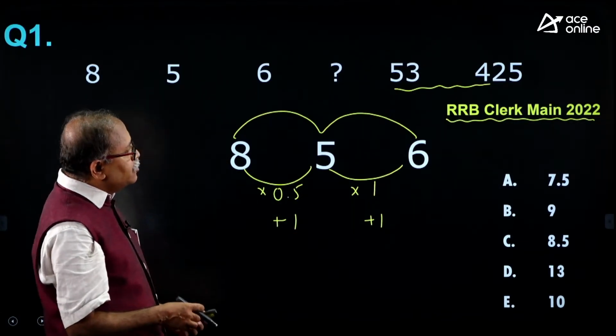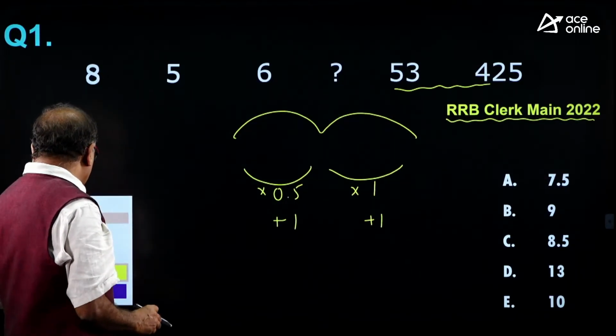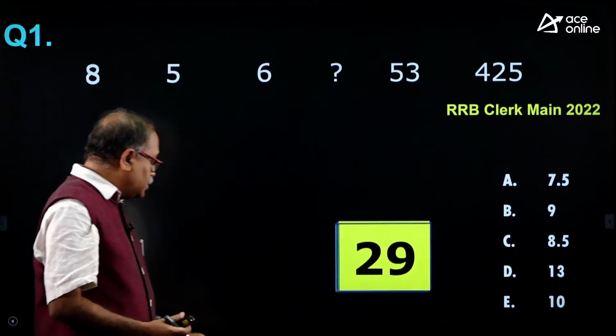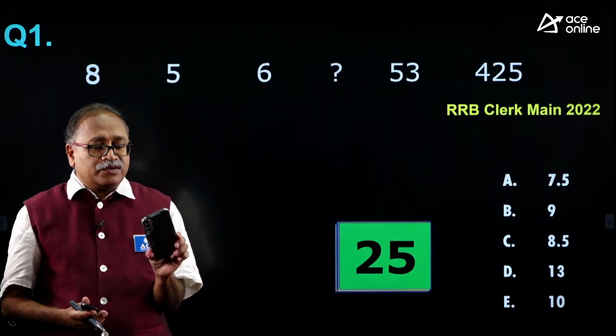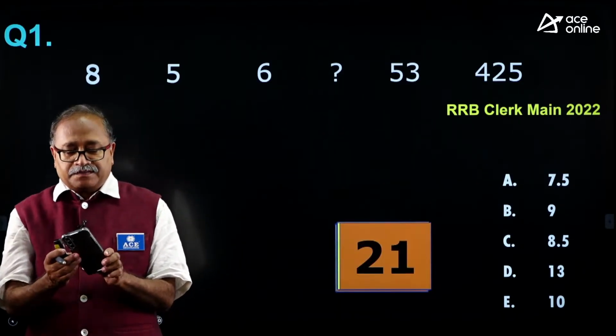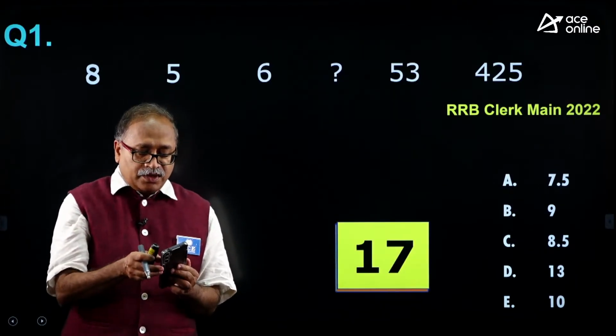Now I give the clue to you, and I am giving 30 seconds, my dear friends, so that you can answer the question. If someone answers the question, it is very good. I will be very happy to see. Some people have joined, that is good.